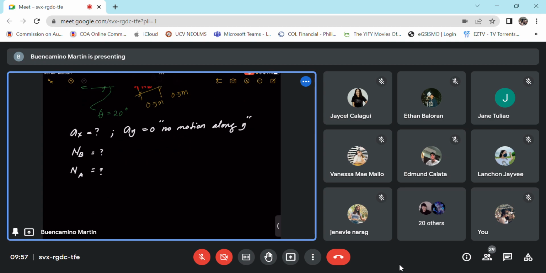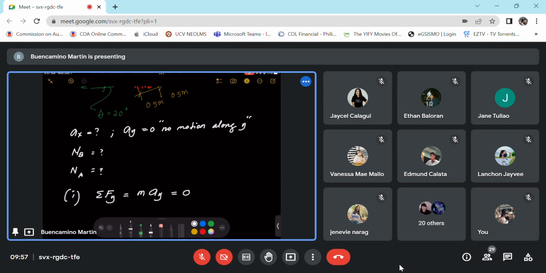Okay. So the first solution would be: what would be the sum of forces acting along Y? That would be equal to M times acceleration along Y. And you know, class, that this is 0. So from the second law, it becomes the first law, because the second law is not applicable. The equation reverts to the first law, where we consider this to be equilibrium.